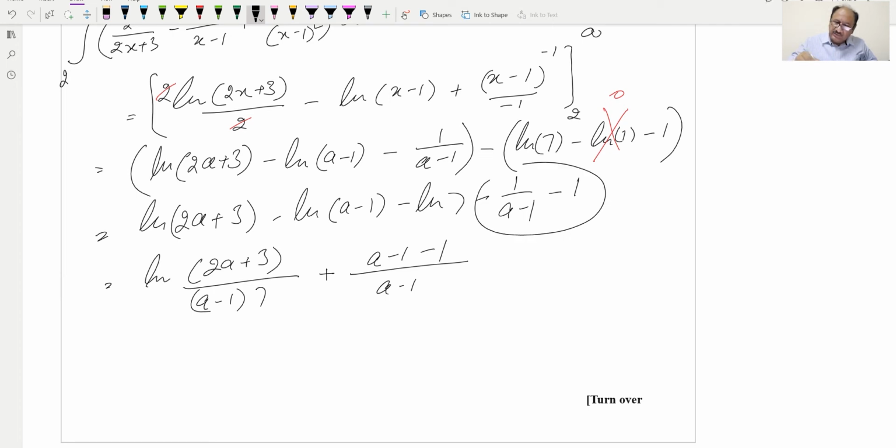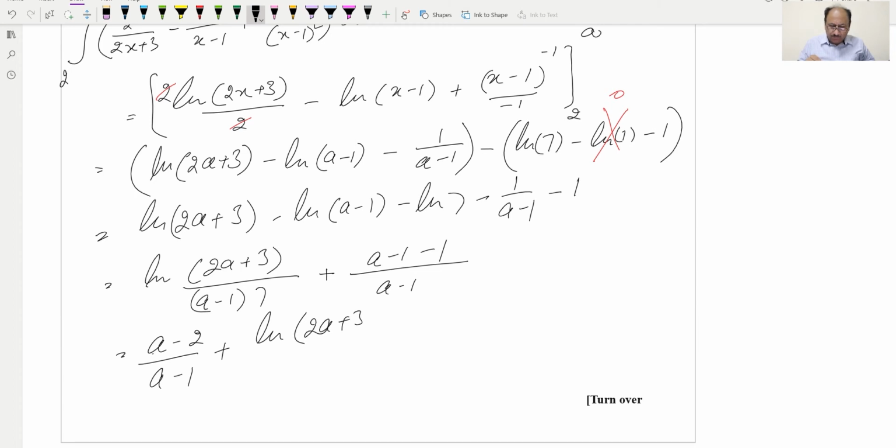When we take the LCM of this one, we will get this term, which I will write first: a minus 2 over a minus 1, plus log of 2a plus 3 over 7 into a minus 1, a minus 1.